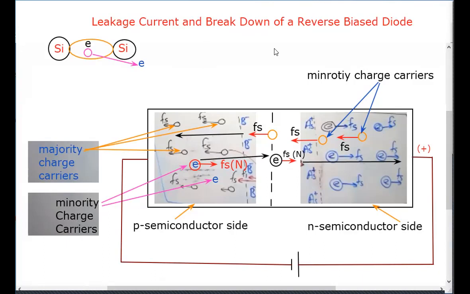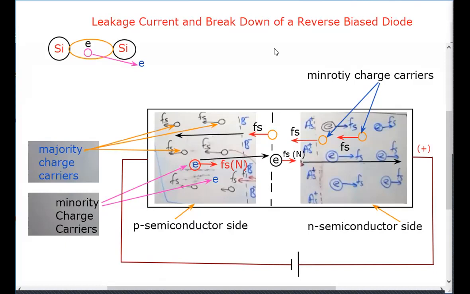When a diode is reverse biased, no current flows through the diode due to the majority charge carriers, but there will be a very small current through the diode due to the minority charge carriers. That small current is known as leakage current. Open bracket. Free electrons which are generated by broken covalent bonds are known as minority charge carriers in p semiconductor side. Similarly, holes which are generated by broken covalent bonds are known as minority charge carriers in n semiconductor side. Close bracket.